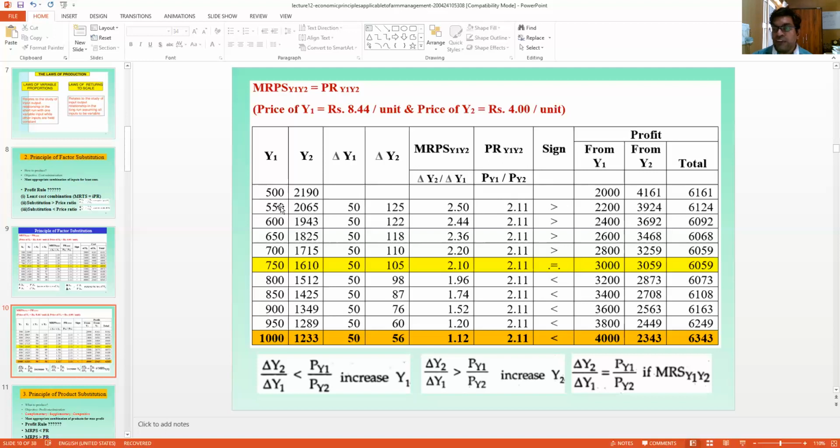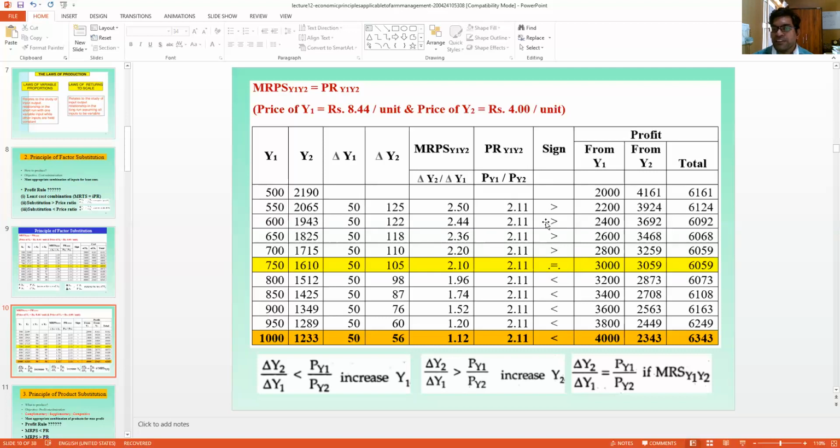Now, if we increase Y1, what will happen? If we increase Y1, then MRPS is the same, still more than the price ratio, but you see the profit is decreasing.